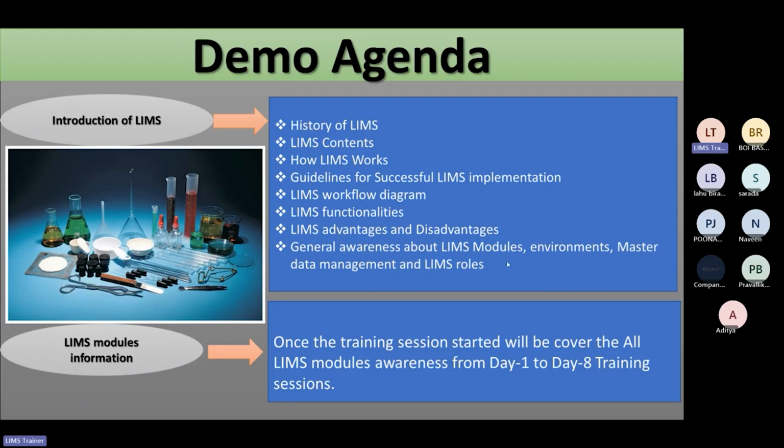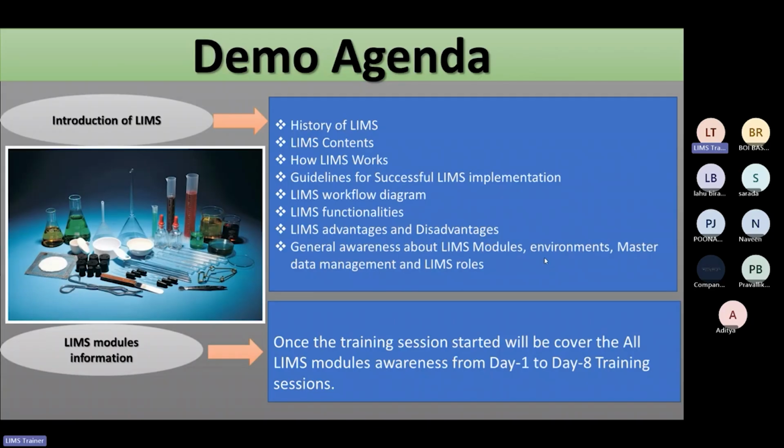Then general awareness about the different modules available with the software. Then different environments. Environment means the different scenario where a particular user is working. Some are engaged in developing the LIMS software, some work with the software as end users, and some are involved in the validation of the software.